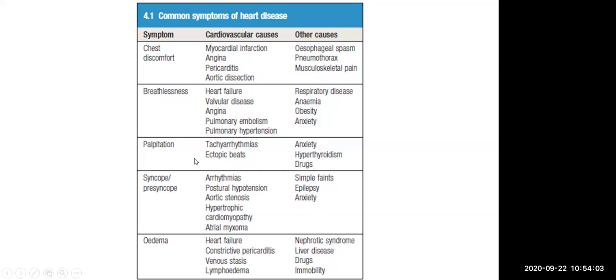Palpitation. Palpitation is when your heart starts to beat very, very fast. It can also have cardiovascular causes, these symptoms, such as tachyarrhythmic conditions, or if you hear tachycardia, and it can happen from thyroid gland disease.